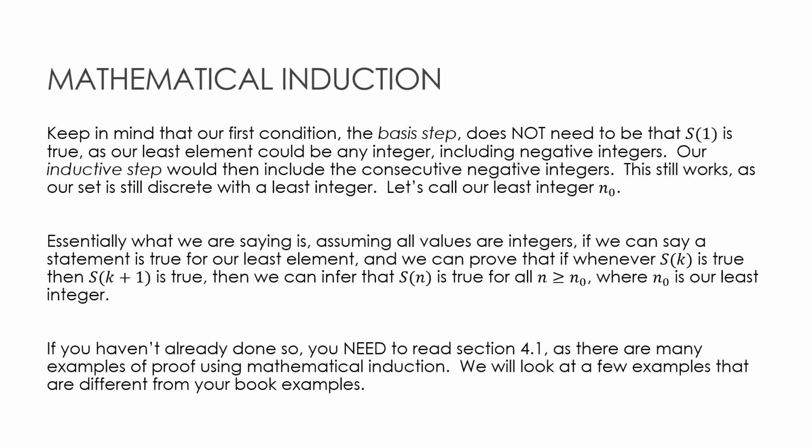So let's call that least integer n sub 0. Essentially what we're saying is, assuming all values are integers, not rationals, if a statement is true for the least element, and if we can prove it true for S of k, then it's true for S of k plus 1, then it is true for all of the values that are greater than or equal to our least element n sub 0.